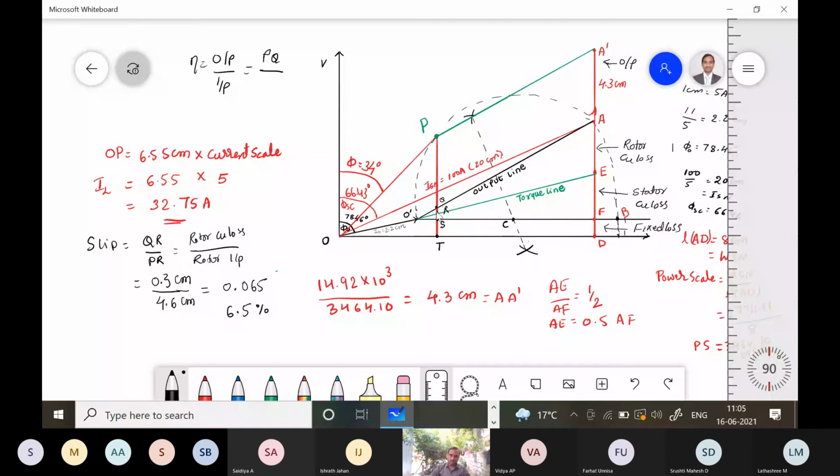So measure the distance PQ. What is the distance of PQ? 4.2, sir. Okay, 4.4 centimeter is the PQ, because exactly this one 4.3 is here up to here, and here it is 4.4. So divided by what is PT?